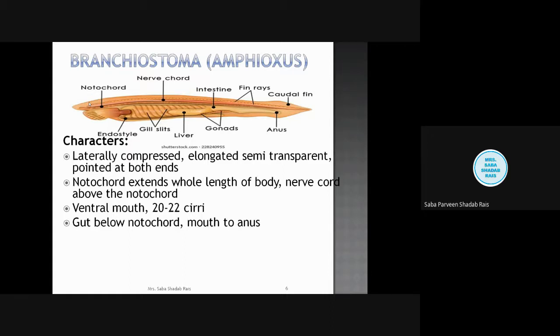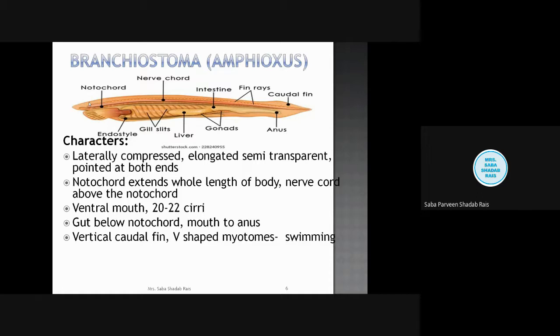When we are talking about the digestive system, you just note that they have a gut which is present below the notochord, and their gut starts from the mouth and ends in the anus. You will not write the other parts of the digestive system. When we talk about the fins, yes, for locomotion they possess a fin.